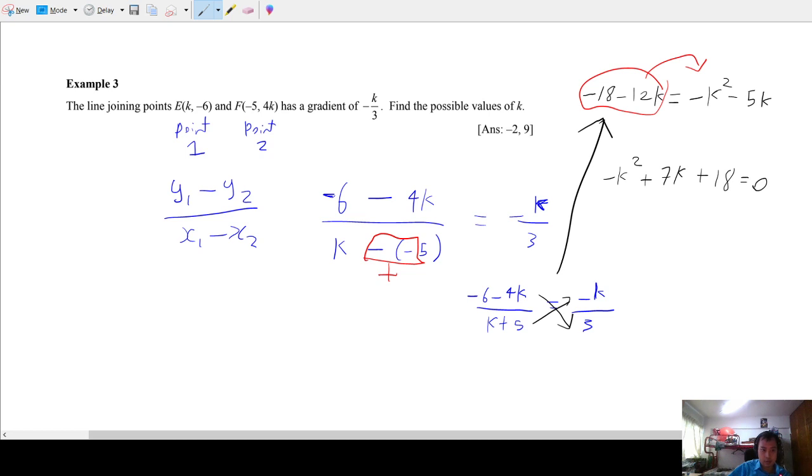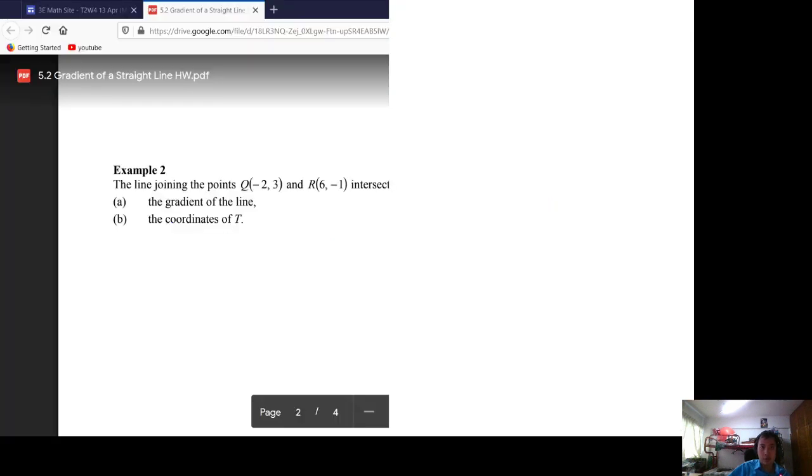Give me a moment, let's switch this over to Firefox. Hold on, I don't know why my thing can't detect. Okay, so that's the example.